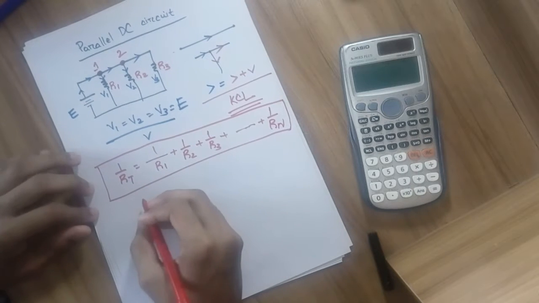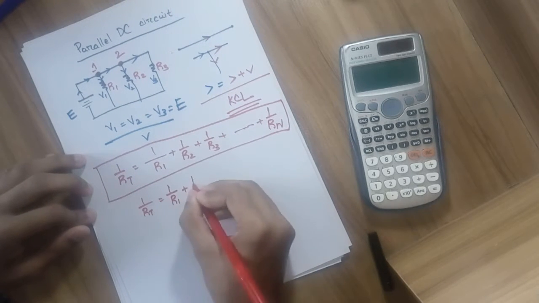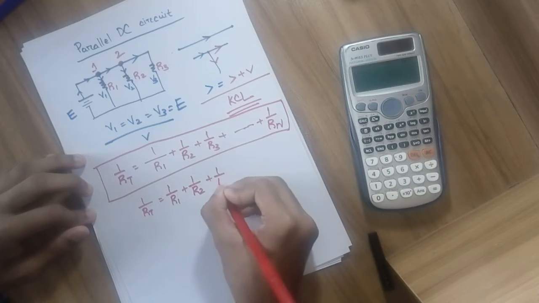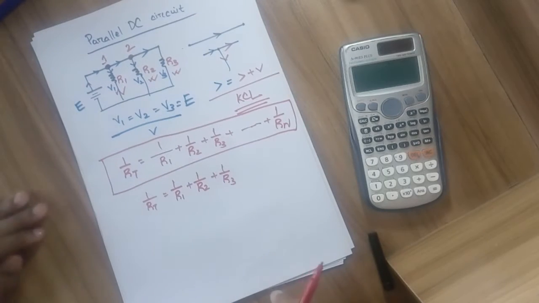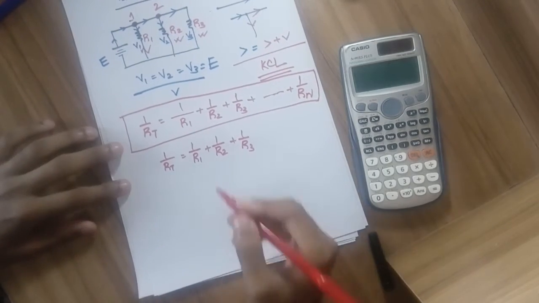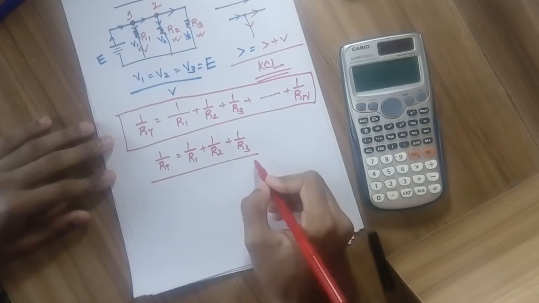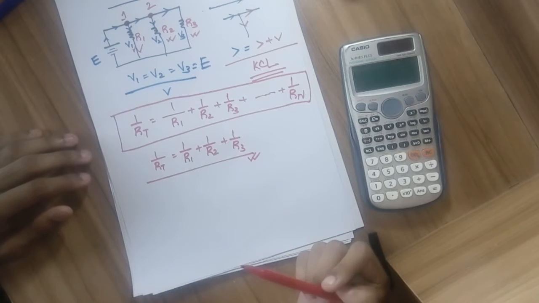For this circuit, as you can see, there are 3 resistors. So this is the formula to find the total resistance on a parallel DC circuit.